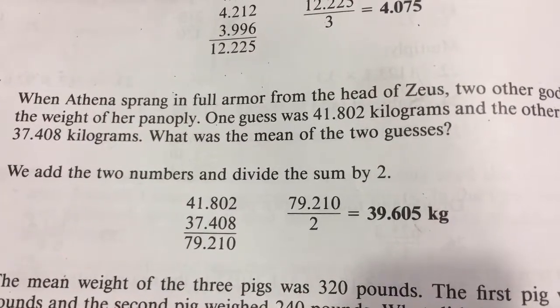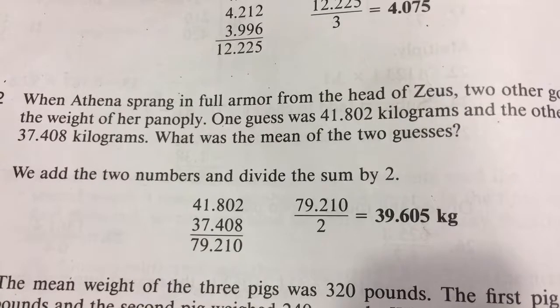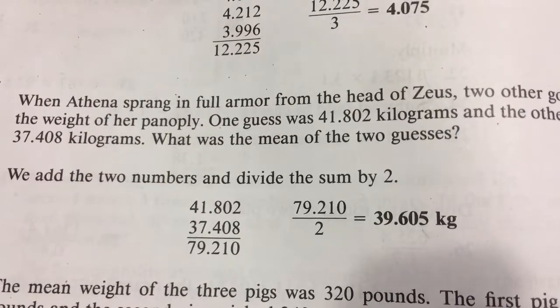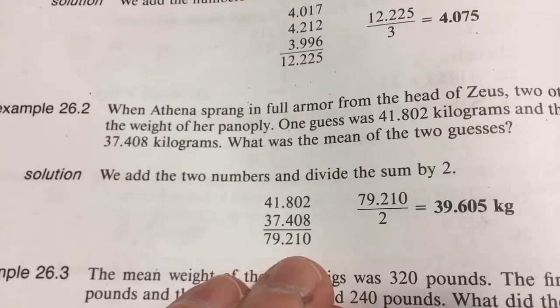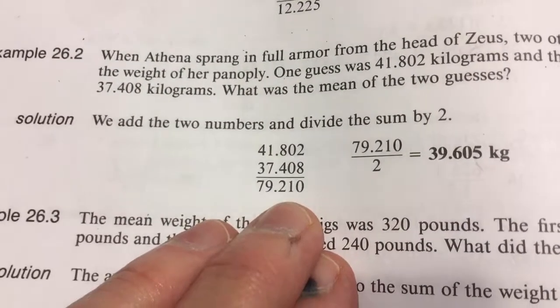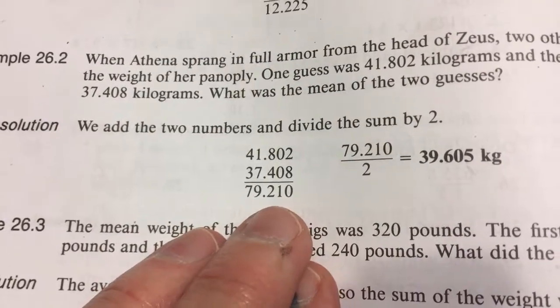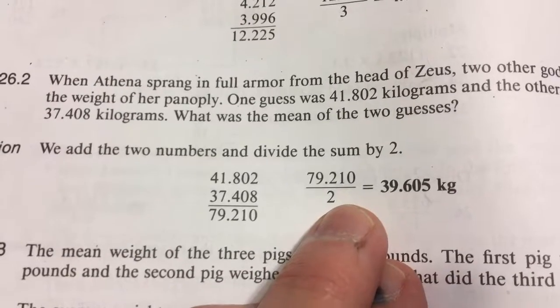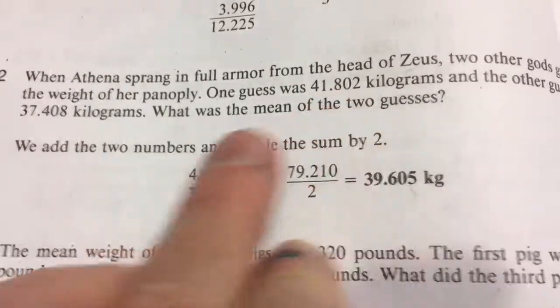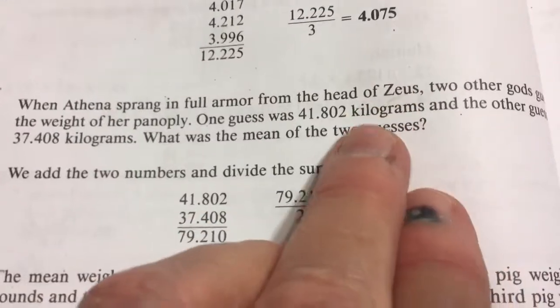So the mean is just the average. So we're going to add 41.802 and 37.408, which you can see down here that they're doing. They add them, they got 79.210, and then they divided by 2 because there were 2 items in the problem.